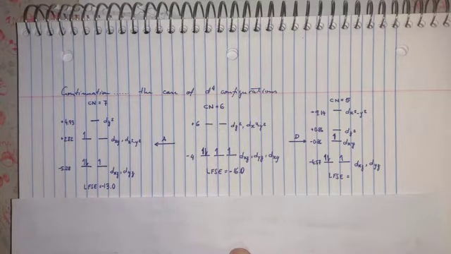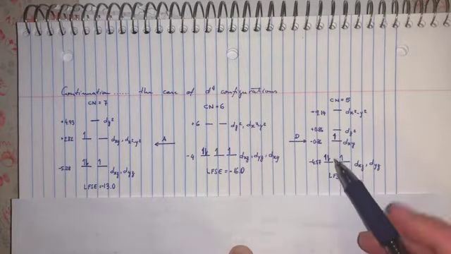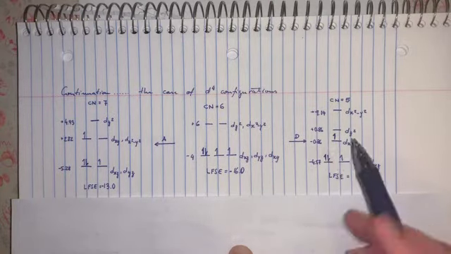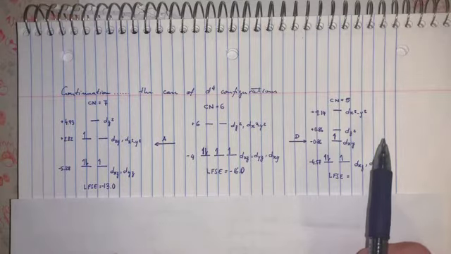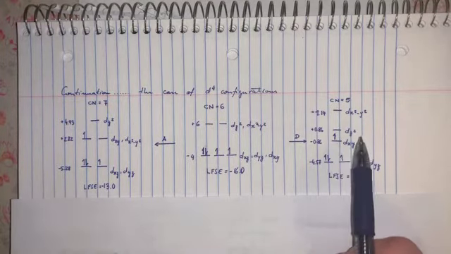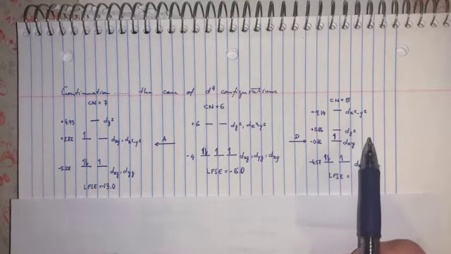And let's calculate the ligand field stabilization energy, again in this case. So we have 1, 2, 3 electrons being stabilized by a factor of 4.57, and 1 electron being stabilized by a factor of 0.86.